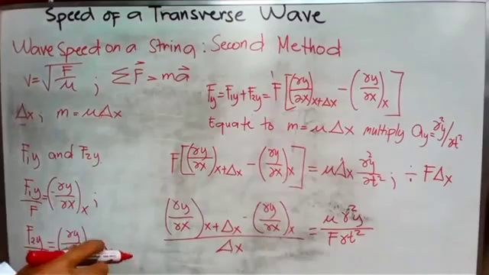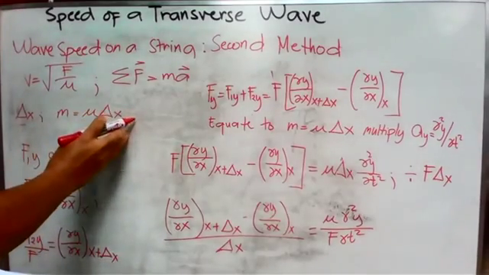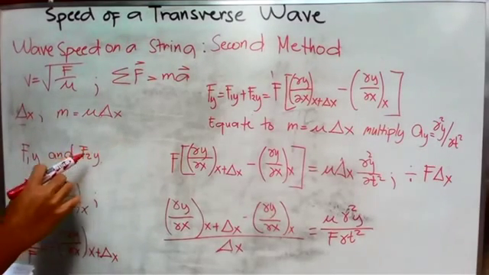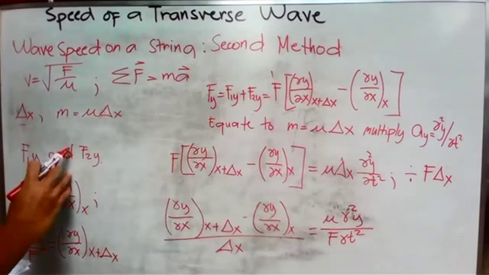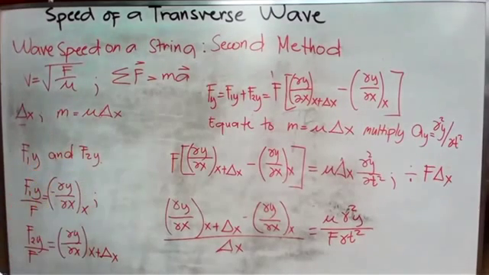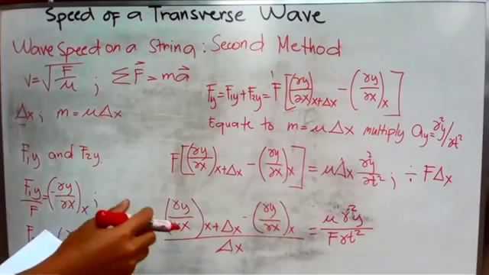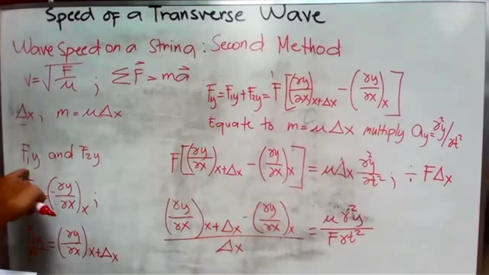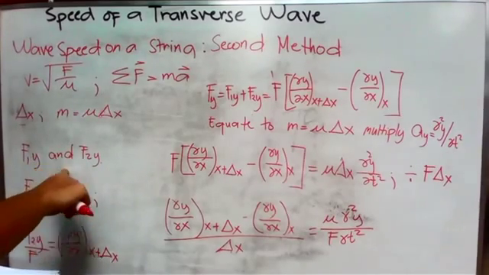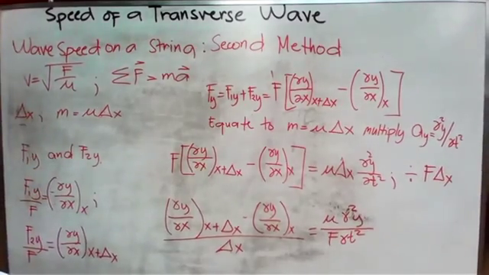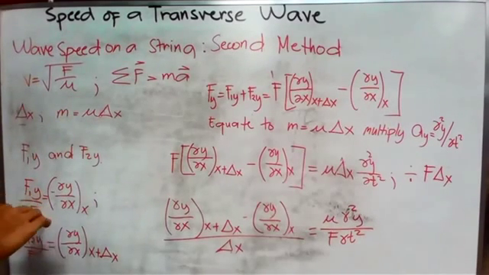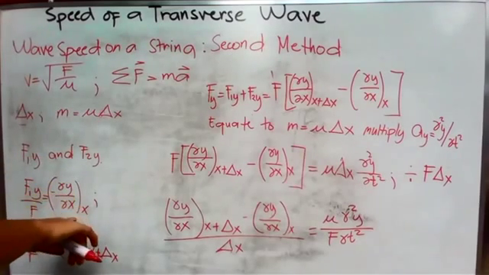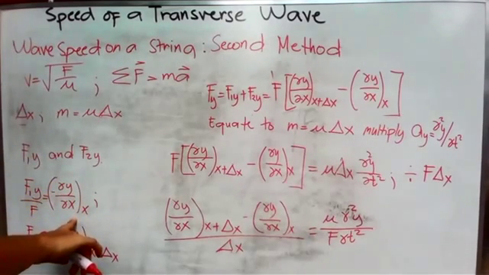So the forces at the ends of this segment are presented in terms of their x and y components. The x components have equal magnitude F and add to 0, because the motion is transverse and there is no component of the acceleration in the x direction. To obtain F1y and F2y, we have to take note that F1y divided by F is just equal to the partial derivative of y with respect to x, since this signifies the slope of the string at point x.